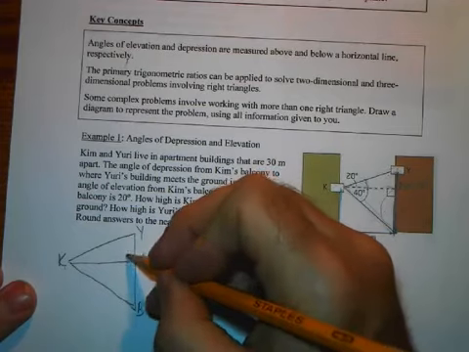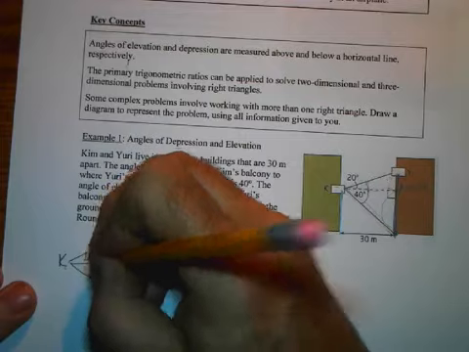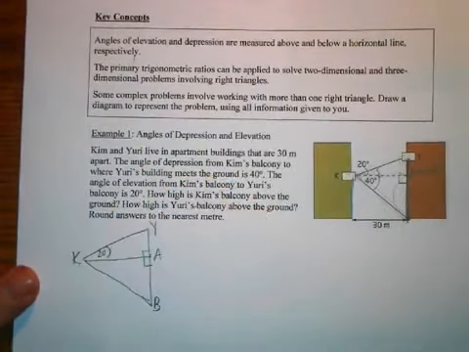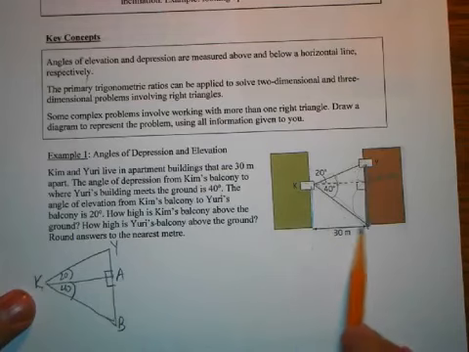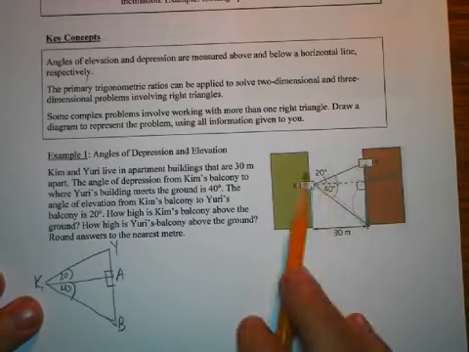Okay, these two angles are 90. This angle is 20. That's the angle of elevation. The angle of depression was 40. What else do I know? Remember the 30 meters of distance between the two buildings? Well, that applies anywhere along here, right?